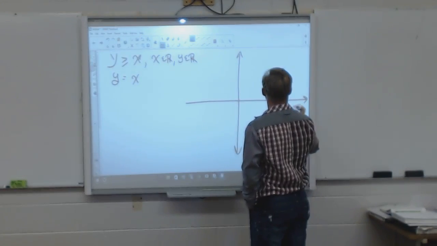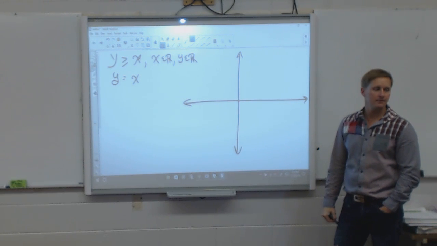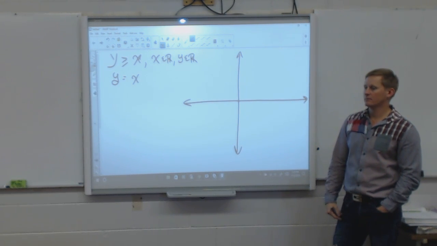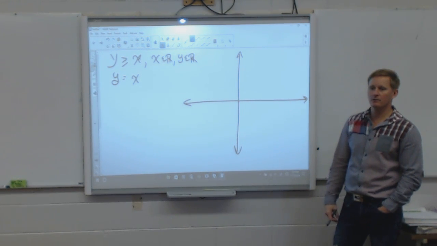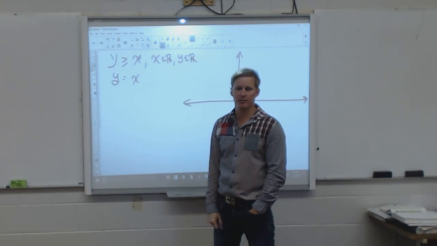Which method do you suggest I use? Which one do you want to use here? What are the three methods? Y equals mx plus b. Is this in y equals mx plus b form?